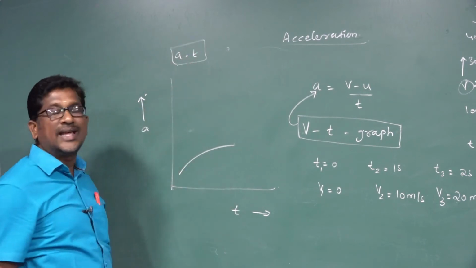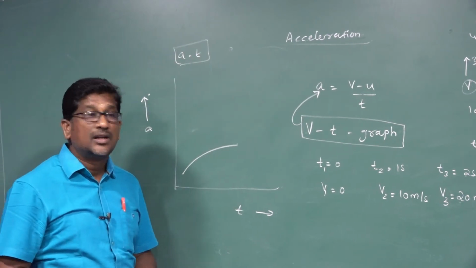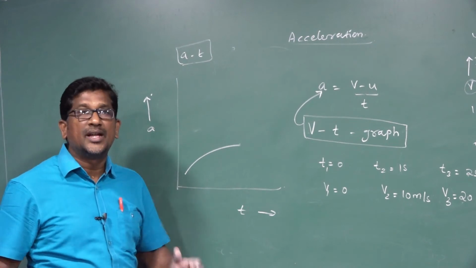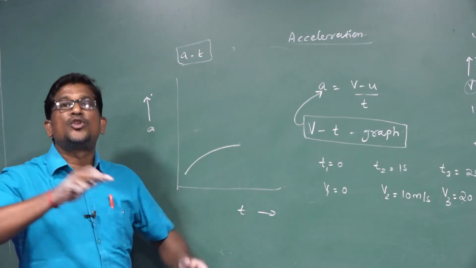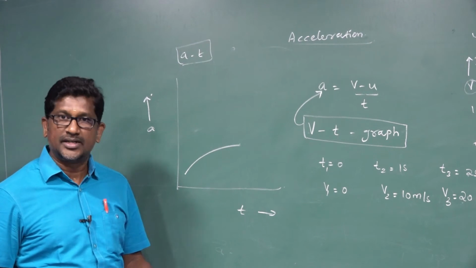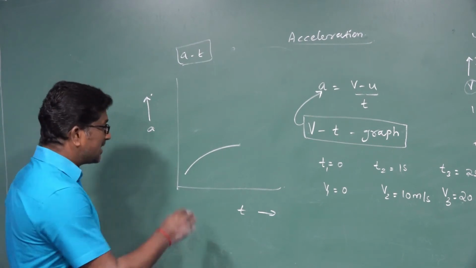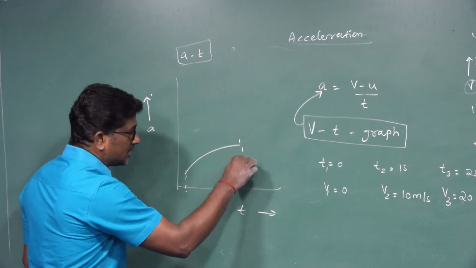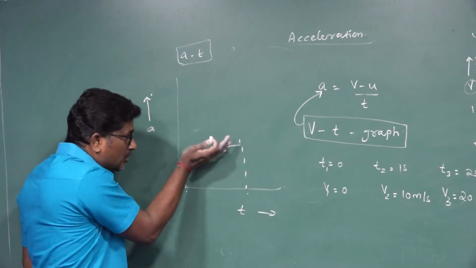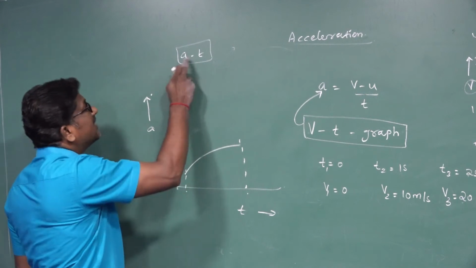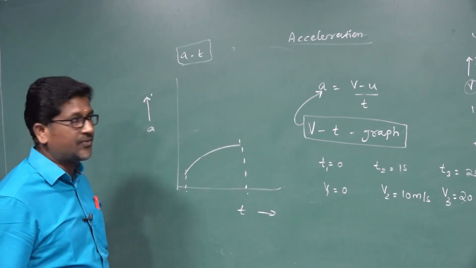From the acceleration time graph, we can calculate the velocity of the particle over the time interval t2 minus t1. How? By measuring the area under this curve in the acceleration time graph, right?